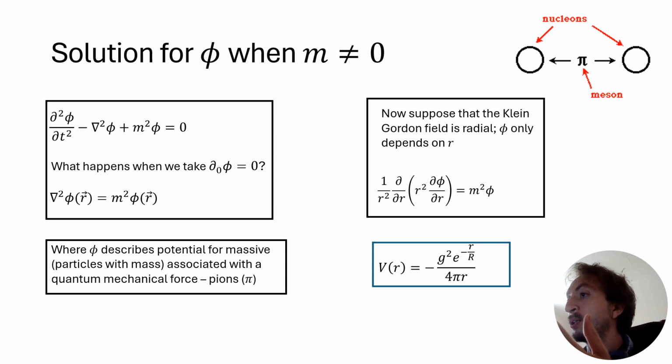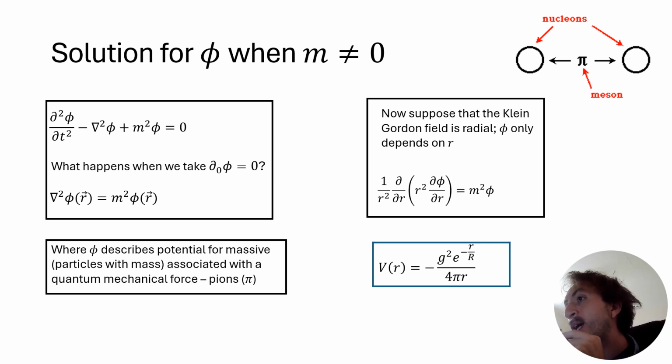Now V here is the same thing as our field phi, and as I said, the Yukawa potential describes the strong force between particles within the nucleus, so between neutrons. And there are various things to talk about with this. One thing is this 1 over r is actually proportional to the mass m that goes into your Klein Gordon equation.